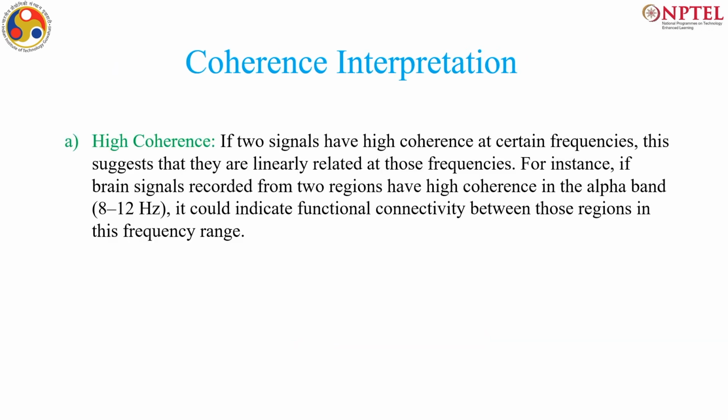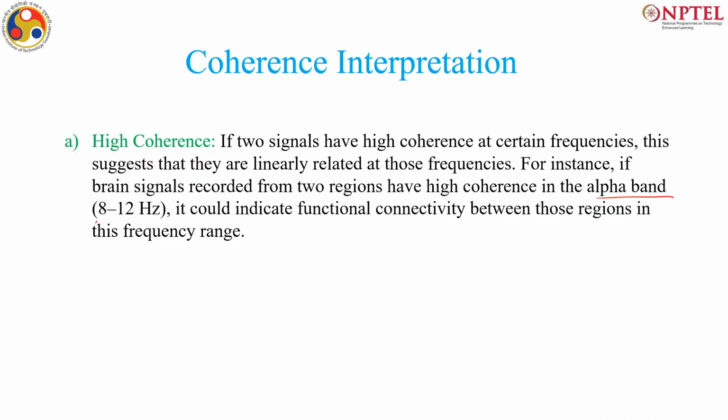For example, say we are recording brain waves or EEG signals from two regions, from this region and this region, and say we are interested in a specific band, say the alpha band, which is typically 8 to 12 hertz.